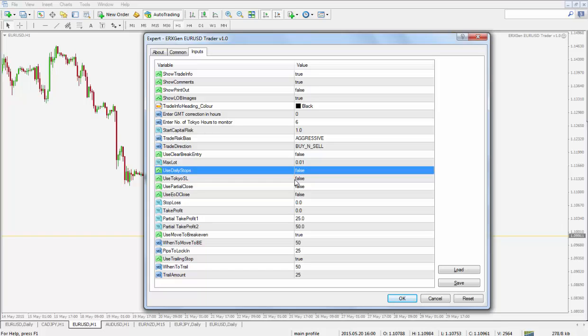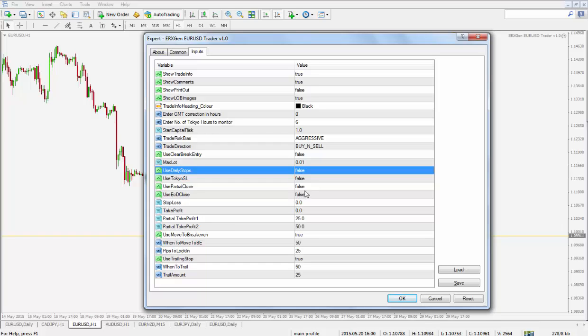Use Tokyo stop loss. In this case, the buy stop loss is placed below the low of the current day's Tokyo range, and for the sell position, the stop loss is placed a few pips above the high of the current day's Tokyo range.